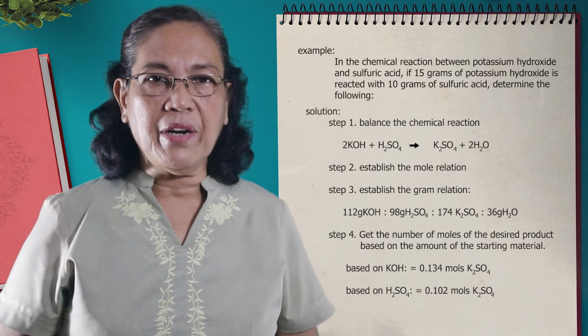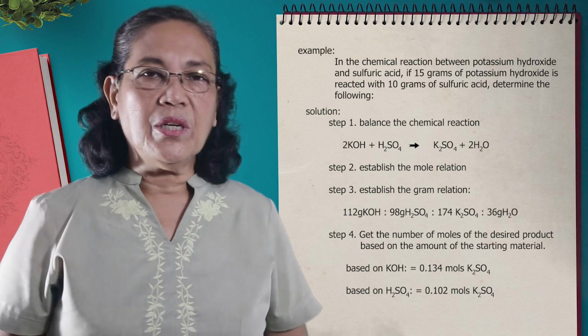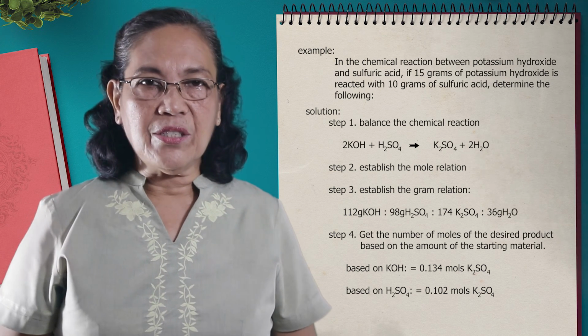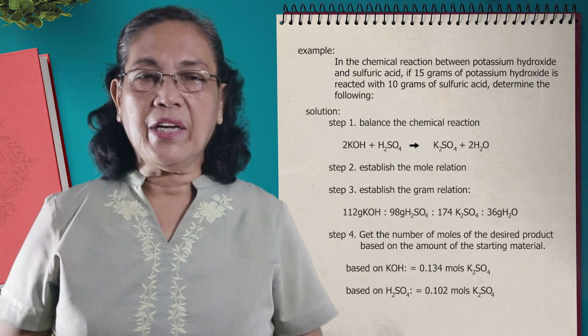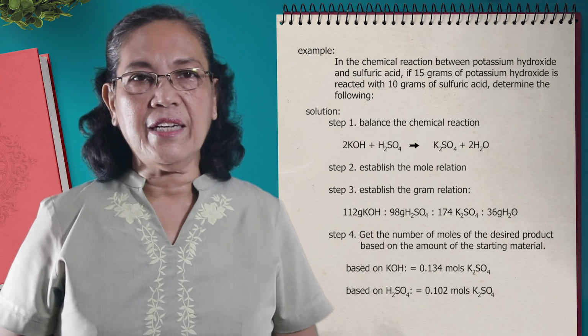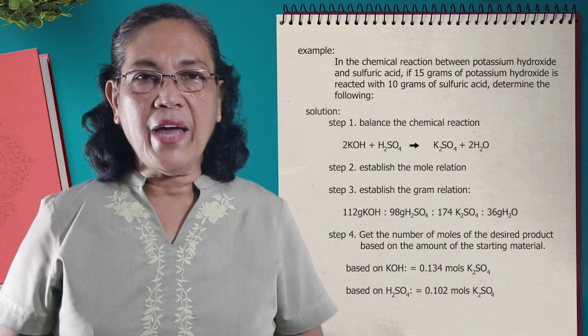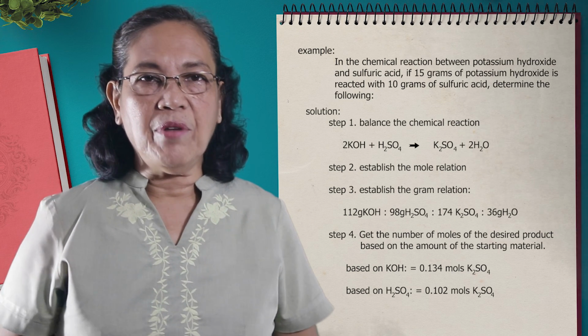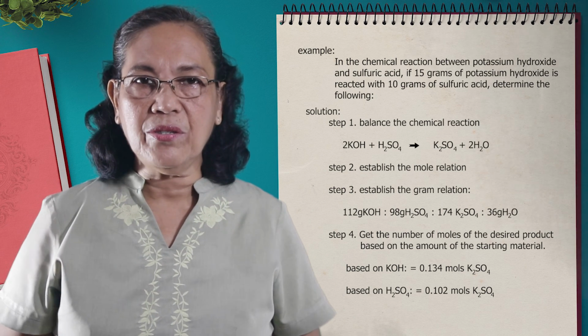In setting the gram relation, you have to get the molecular mass of the reactants as well as the products. If you're going to look back to the chemical reaction, since there are 2 moles of the potassium hydroxide, we have to multiply the molecular mass of the potassium hydroxide by 2.